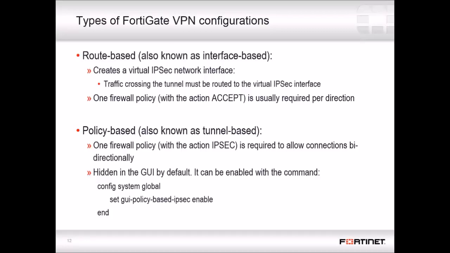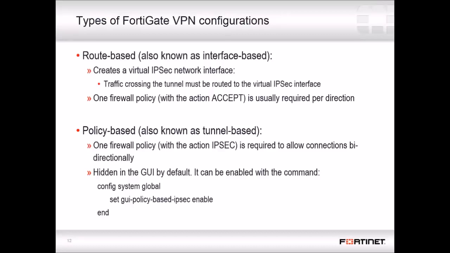One policy using the IPsec interface as source to allow the sessions originated from the remote site, and one firewall policy using the IPsec interface as destination to allow sessions originated from the local site. Additionally, a route-based VPN configuration requires the Fortigate device to route the traffic to the IPsec interface. This is usually achieved, as we will see later, by adding a static route.